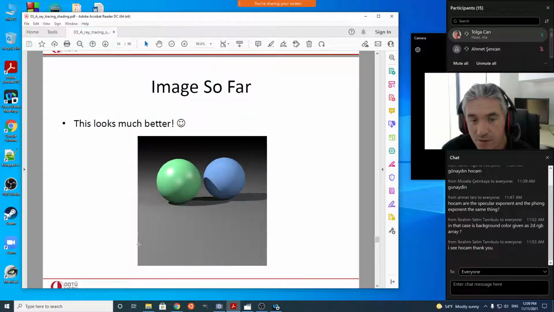And as you look at these shadows on this figure, it immediately makes the scene much more realistic. The shadows are really good, and as you can see, some shadows are darker. The shadow point between these two spheres is darker than this shadow because of multiple light sources. I think there are 3 point light sources in this scene.